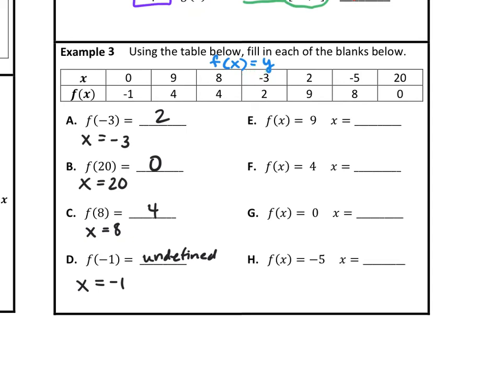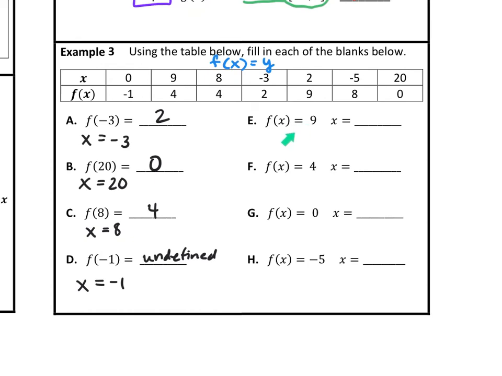Our y values. Or you can think of it, in the table, it gives us the f of x. But that's why we said, f of x equals y, because the second row of values are all the y values.